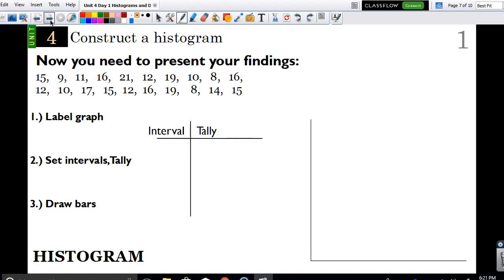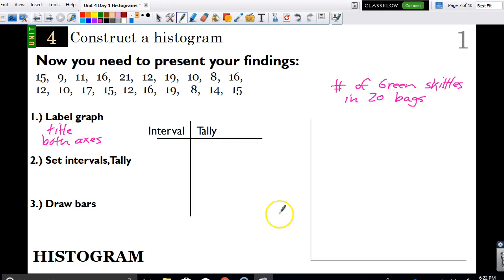So the first thing you need to do is label your graph, and this is important. Your graph needs to have a title, and both axes are labeled. The title would be the number of green Skittles in 20 bags. Then on the vertical axis, I'm going to write the number of green Skittles.